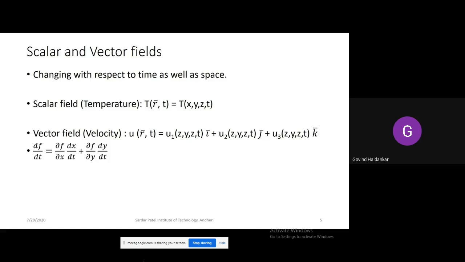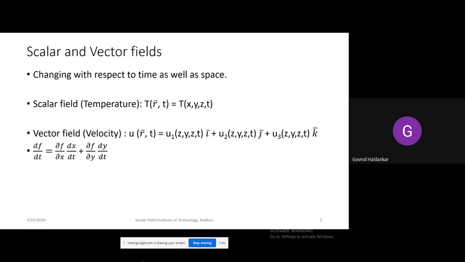In a vector field, the example is velocity. Like temperature is a scalar quantity, velocity is a vector quantity, and this vector quantity you can write in terms of position vector and time. Here the position vector is three-dimensional and it's a vector, so you will get three components: one in the i direction, second in the j direction, and third in the k direction.